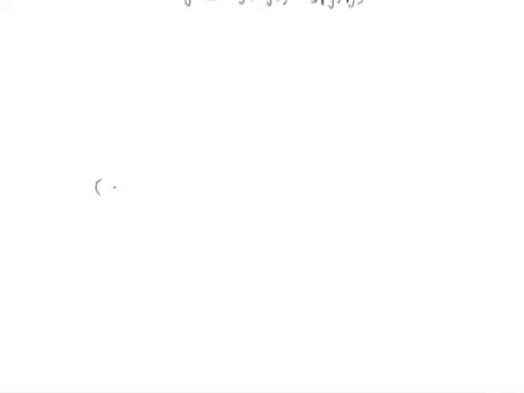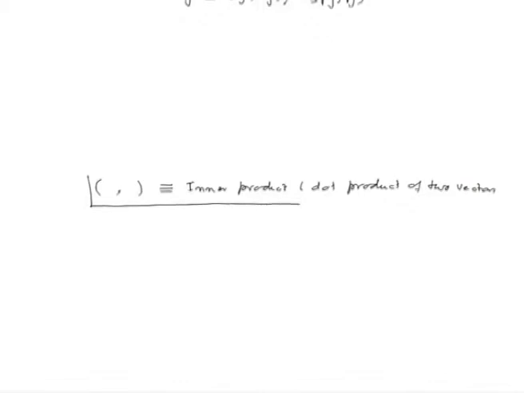What we denote by this bracketed term is what we call the inner product or dot product of two vectors. So, this is the terminology, the shorthand notation which we have used to represent the dot product.